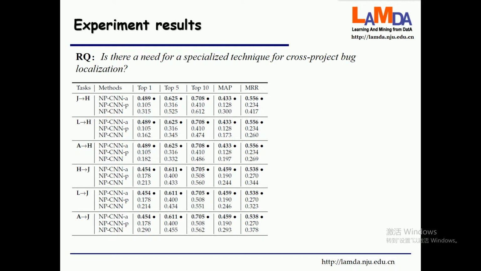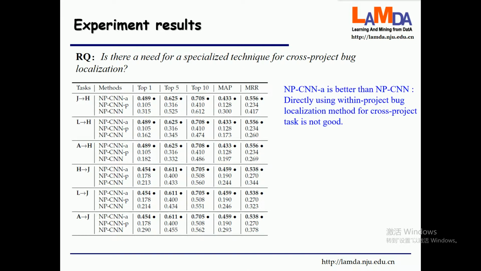In the table, NP-CNN means within project bug localization setting, and NP-CNP means only using a very small number of data in the target projects. NP-CNN is using the within project bug localization model directly on the cross-project setting. So the result that NP-CNN is better than NP-CNN shows that directly using the within project bug localization model for cross-project tasks is not good.